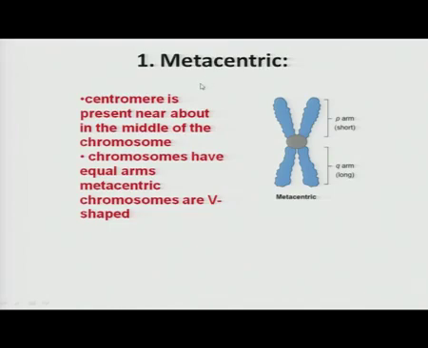Metacentric is that chromosome in which the centromere is present near about the middle of the chromosome. You can see in the slide, this is the position of the centromere, exactly at the middle of the arms of the chromosome, and both the arms are equal in size. That is why they give V-shaped chromosomes. So, we can recognize the metacentric chromosome as V-shaped.